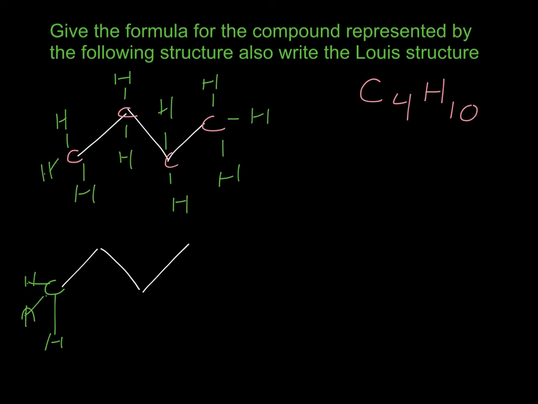Alright, so that's a pretty simplistic example. Let's kick it up a notch. What do we do if we have a compound that has a double bond? Let's take a look at a really simple example of a compound with a double bond.